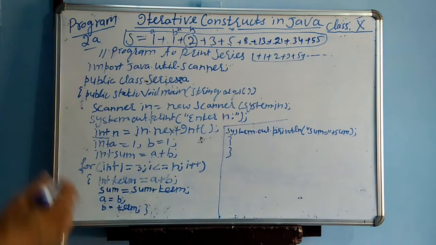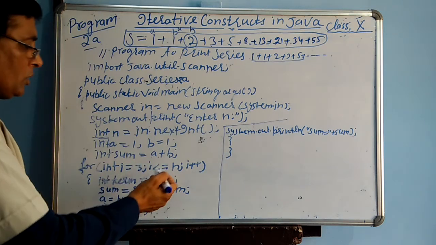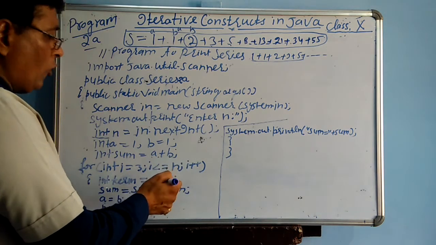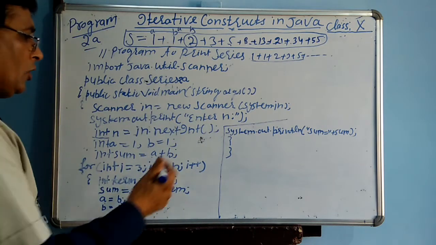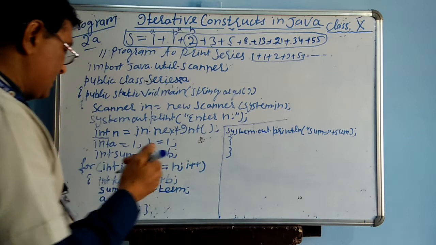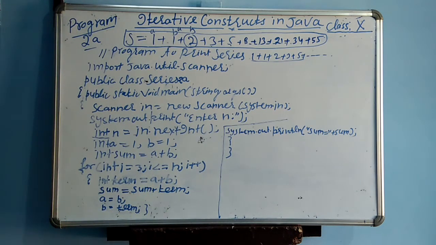How many? 10 digits, 5 digits, 7 digits, any digits. So we write here i is less than or equal to n, and then i plus plus, then open brace.